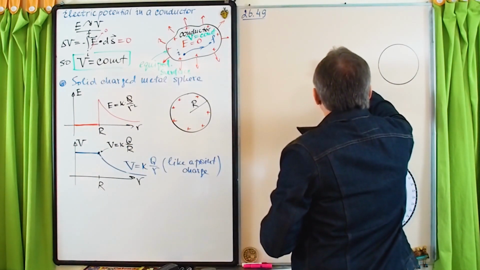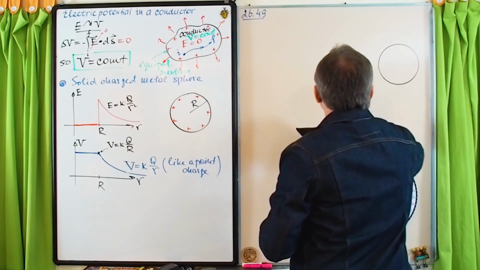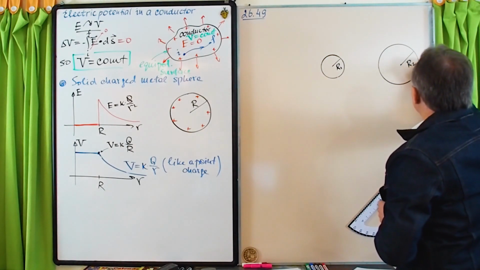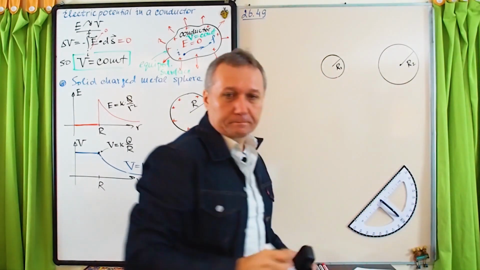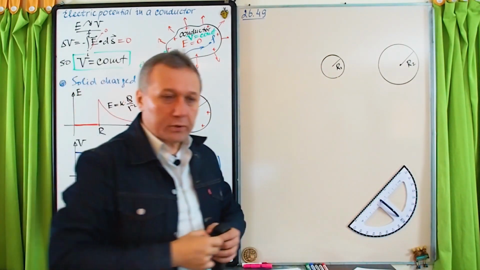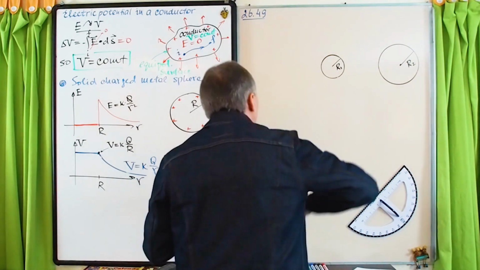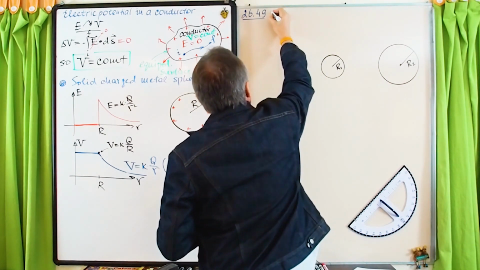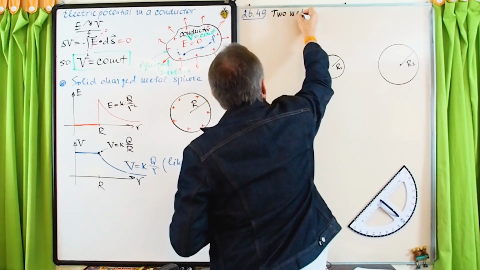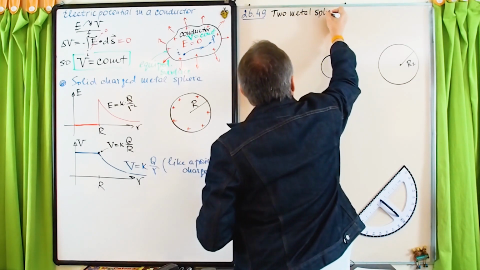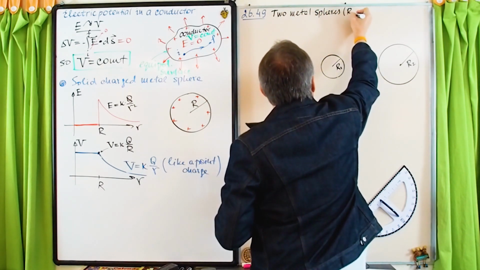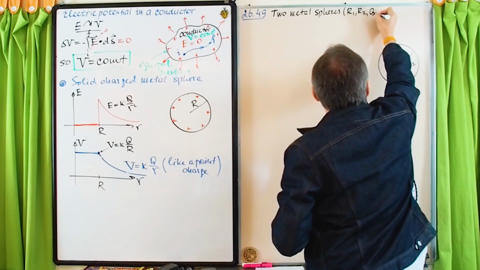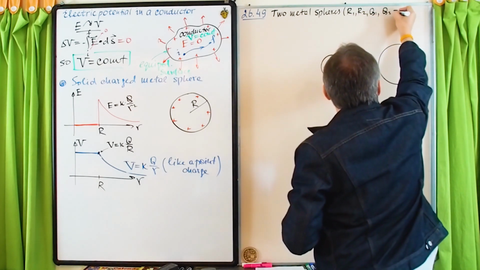So I already drew the spheres. This one has a radius R1, and this one has a radius R2. Let me write above: two metal spheres with radii R1 and R2. Then there is a charge Q1, and charge Q2 is 0 initially.